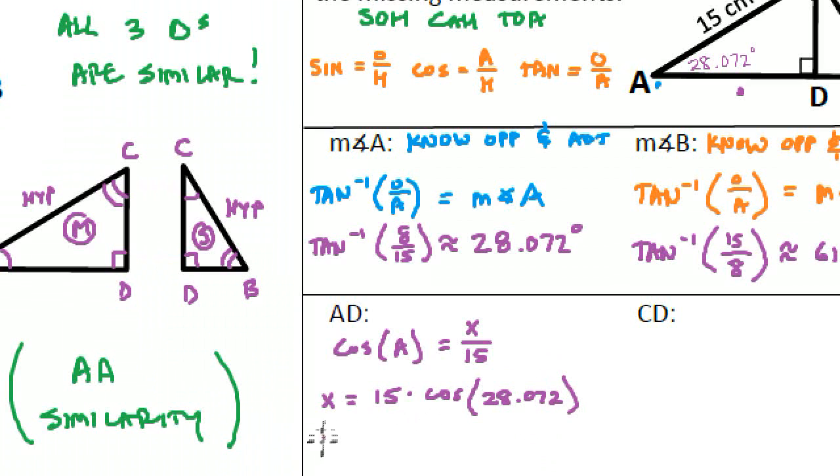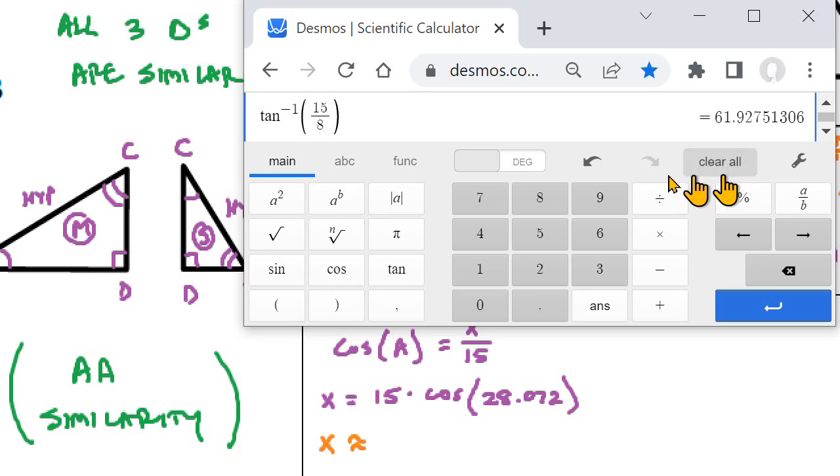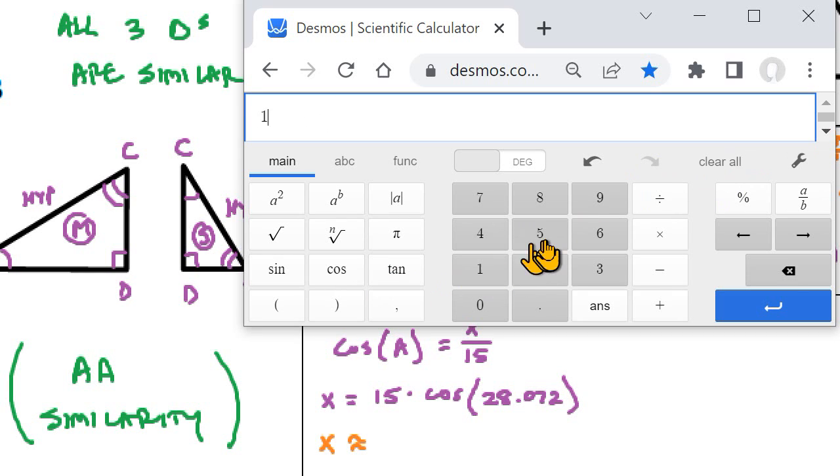Let's put this in our calculator. Let's change the color so you see the answer. X, or our length of the side, is approximately, let's see what we get. So I've got 15 times cosine of 28.072, close parentheses, 13.235, that means it's 13.24.